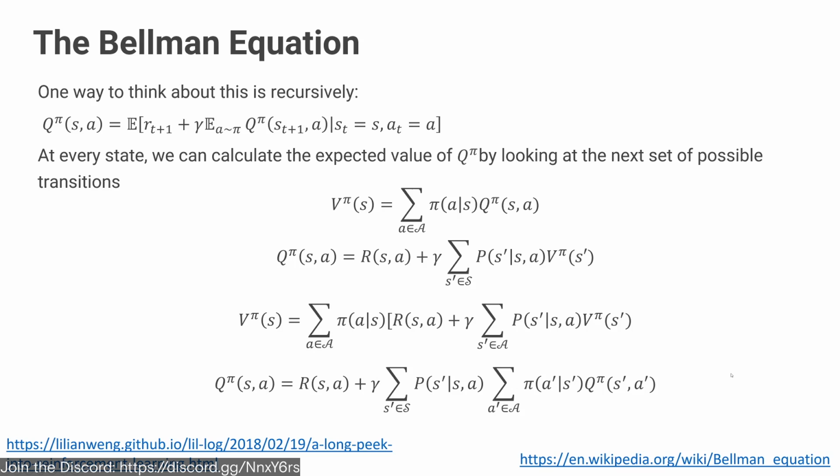So, like I mentioned, we can think about the Q function definition recursively. At every state, we can now calculate the expected value of Q by looking at the next possible set of transitions.